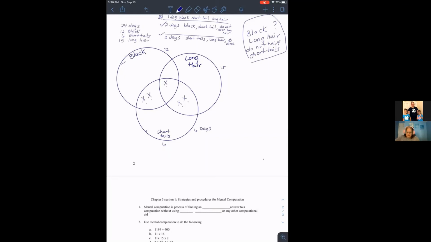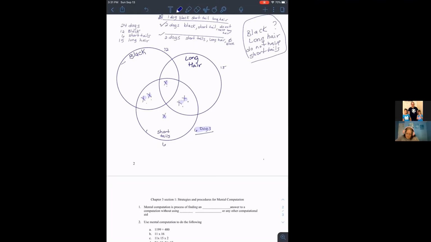So I know there's one dog must have no other characteristics except for having the short tail, because that would equal the 6 dogs total. So you have 1, 2, 3, 4, 5, 6. So that's the 6.